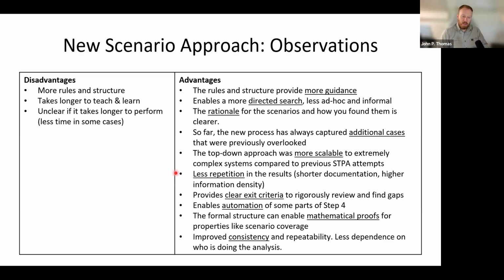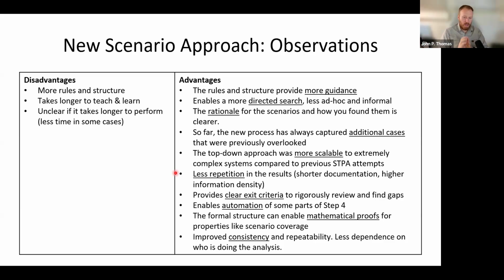When you do scenarios normally, or the old way, there's a huge amount of repetition. So say you've got 20 UCAs, right? And each UCA has got a bunch of scenarios. All 20 UCAs may have a scenario that has the same process model, right?